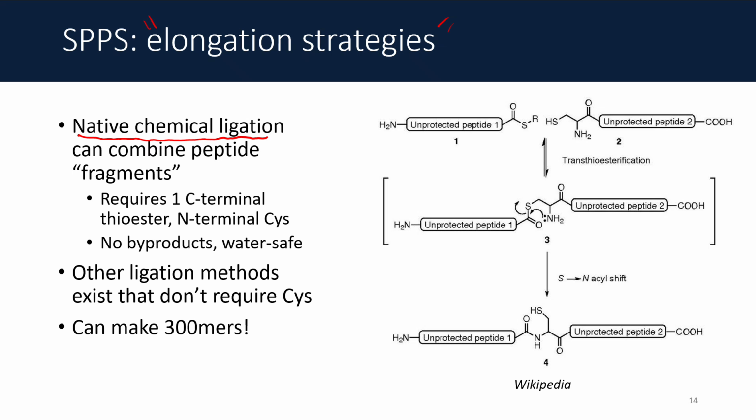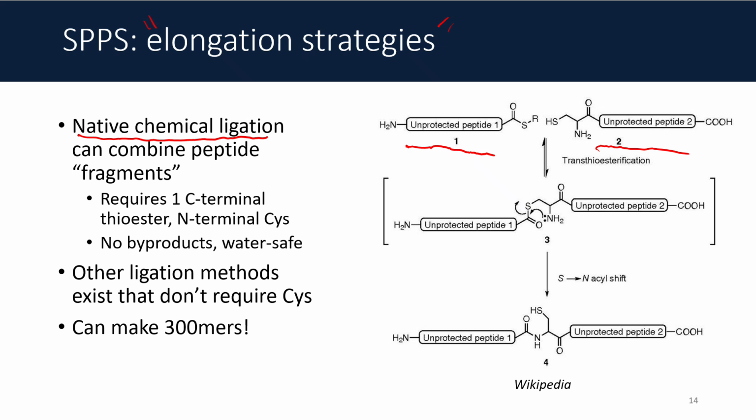What this method entails is that you basically divvy up your synthesis job into two batches, where you make the first batch as one unprotected peptide, and then the second half is going to be in your second batch in a second unprotected peptide.